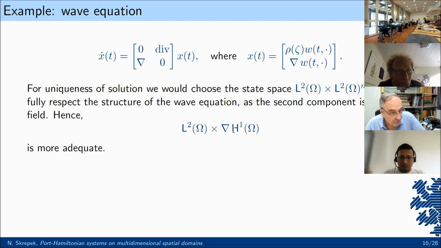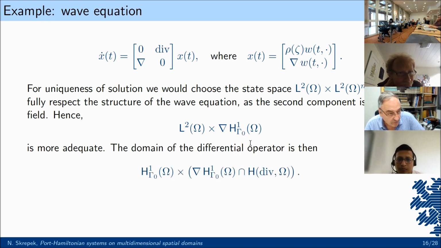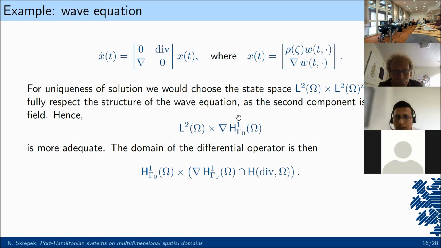And if we want to make sure our boundary condition is fulfilled, we have 0 on one part of the boundary. So the domain of the differential operator is the same, and we intersect the maximal domain of the divergence operator with this restriction.